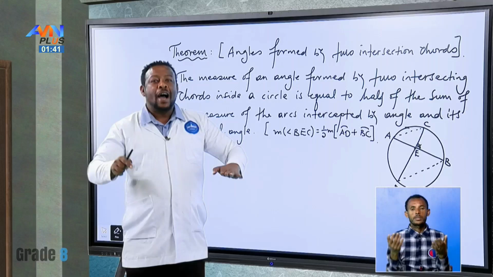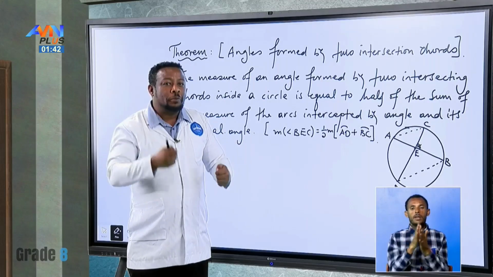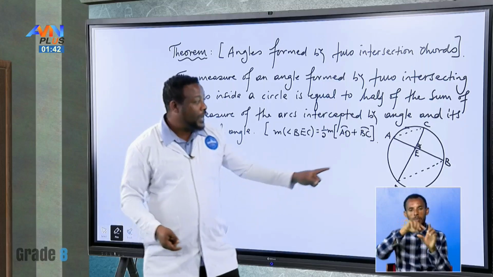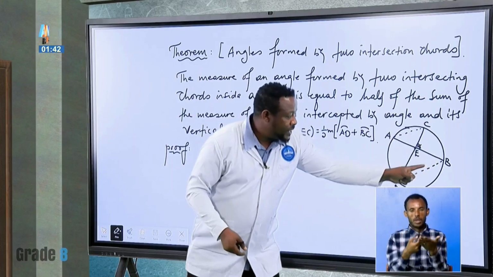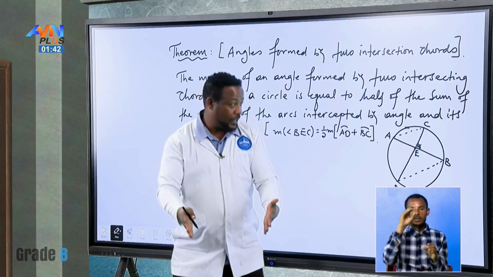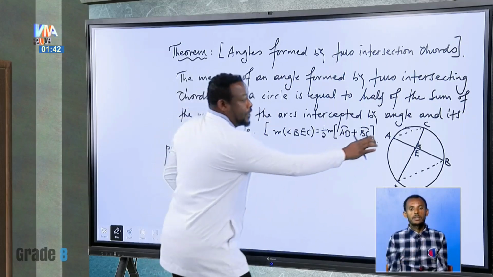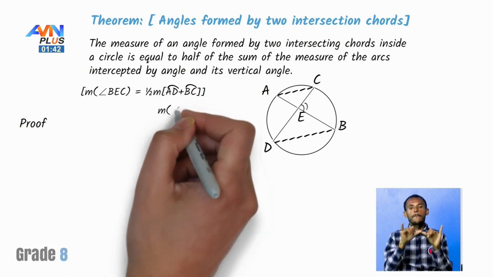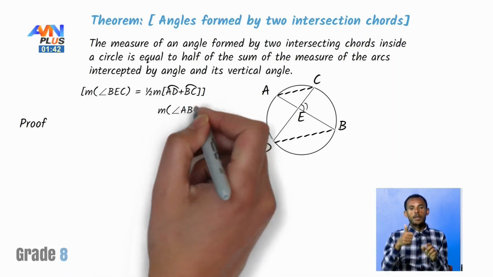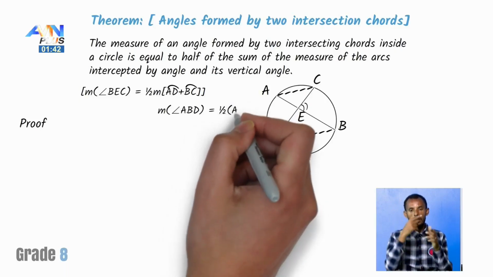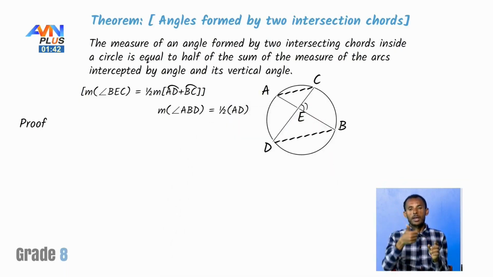Now I need you to remember the degree measure of an inscribed angle. Here we can see ABD is an inscribed angle. So you can say the measure of angle ABD is half of arc AD.